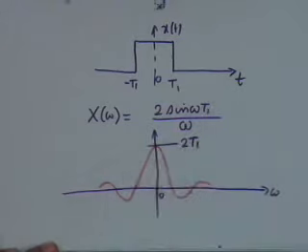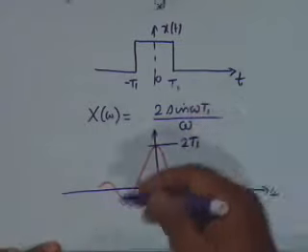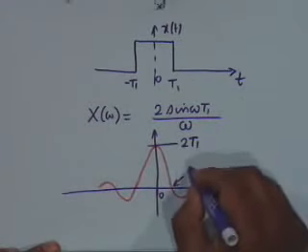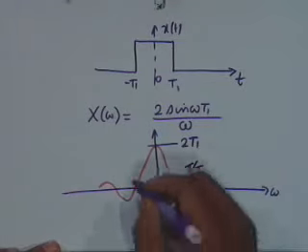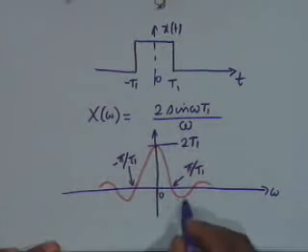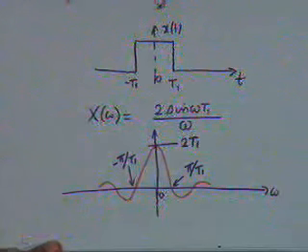If you take L'Hopital, that is differentiate both and put omega equal to 0, then the first 0 is at pi by t1, and the 0 on the other side is at minus pi by t1, and this amplitude gradually decreases as omega goes on increasing.